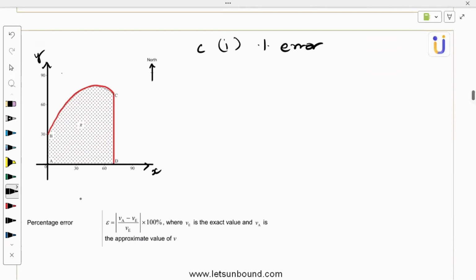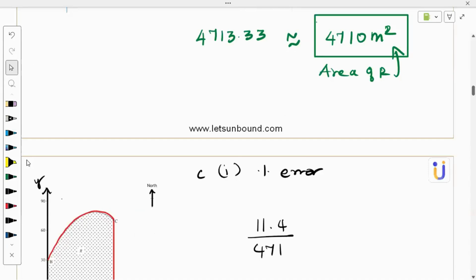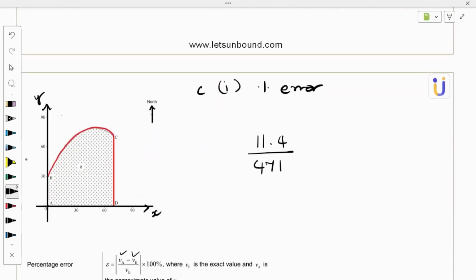Now here we don't have VA and VE. We directly have that 11.4 is underestimated, right? So that is, 11.4 is the difference. They have clearly mentioned it, divided by exact value. We have just solved it, 4710, or for the more perfect answer, you can use 4713.33 also. But let me take it like this, times 100%.